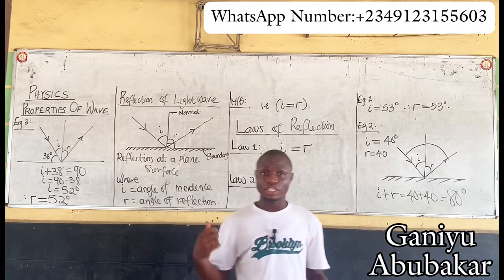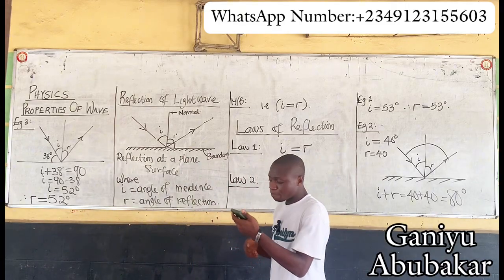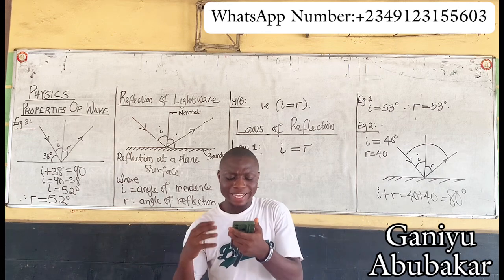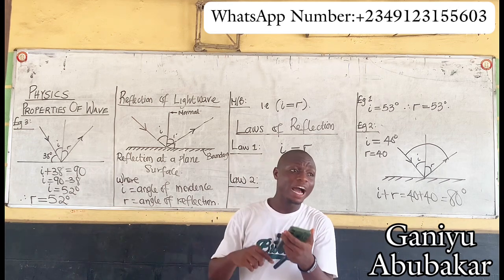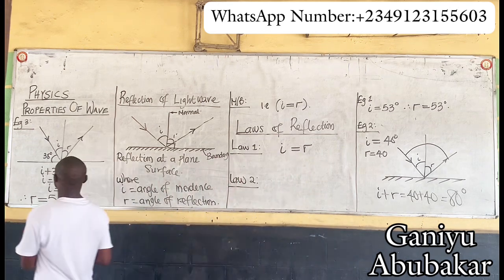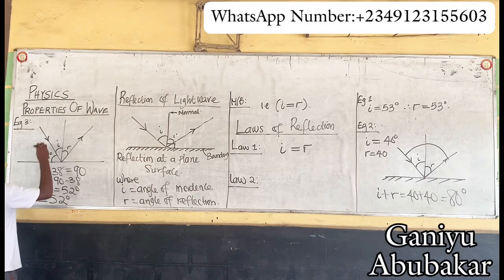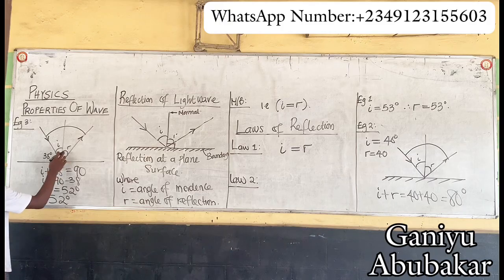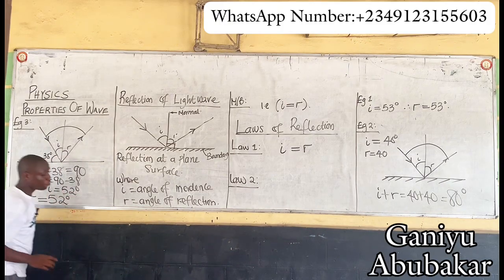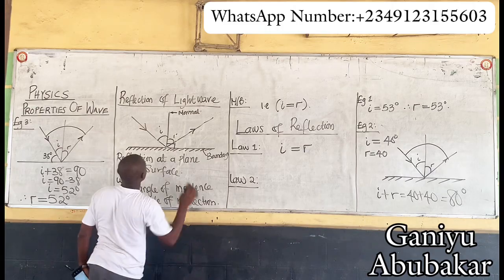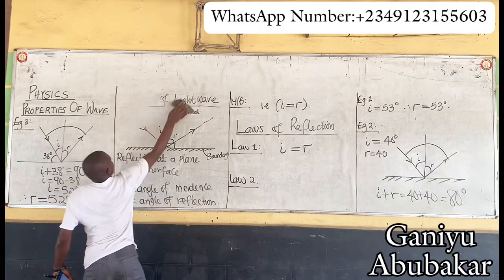This is how you work on this. Question B says, what is the angle between the incident ray and the reflected ray, please? It's as easy as adding 52 with 52. All right, let's do B.